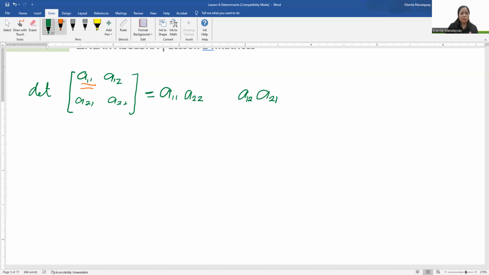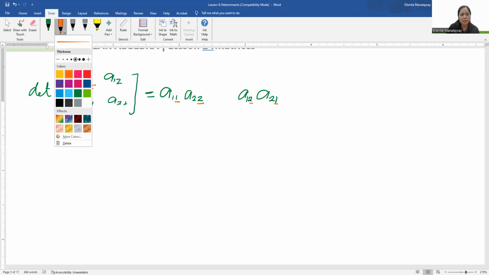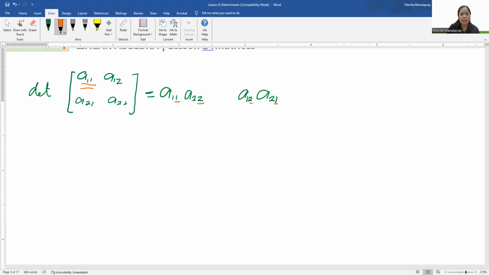Okay? Then the next question is, what is the sign? It's either positive or negative. So our basis, our reference now, would be the column number. In this case, we have 1, 2.